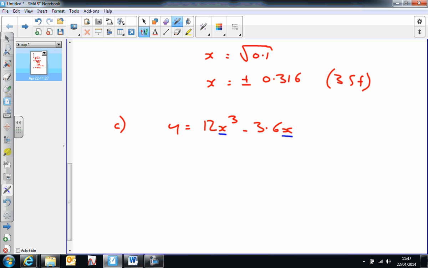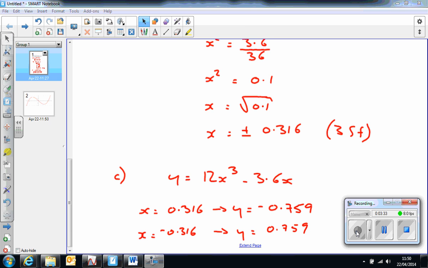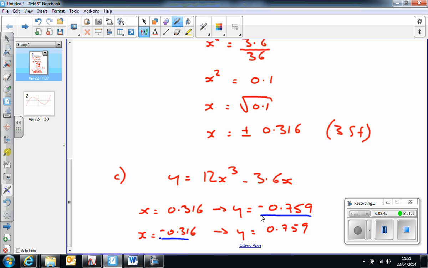And then I let x equal minus 0.316 and work out the value for y. If you do that, you should get the following solutions. We get x equals 0.316 gives us y equals minus 0.759, and for x equals negative 0.316 we get y equals 0.759. 2 solutions, in other words, one of which is going to be a maximum, one a minimum.